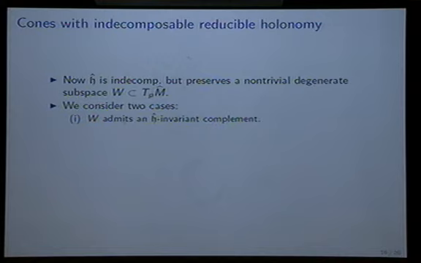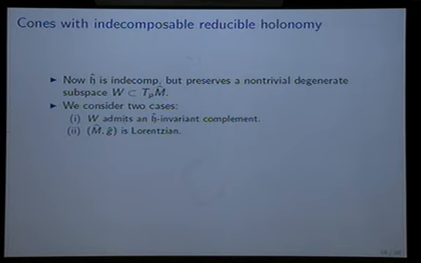In general, there is no such H-invariant complement, but in the first case we will assume this. And in the second case, we assume that the cone has Lorentzian signature, so (n,1) or (1,n). This is okay, but no other signature. This is the case which is nearest to the Riemannian case.